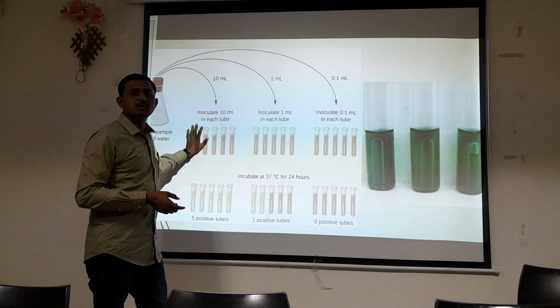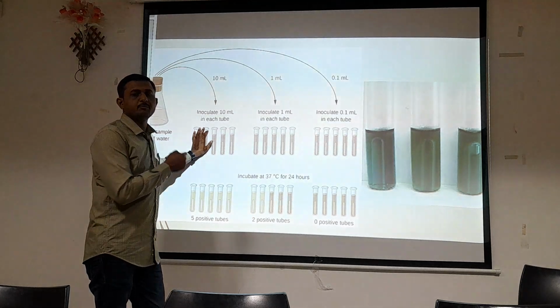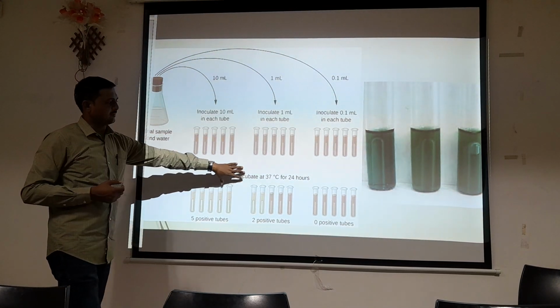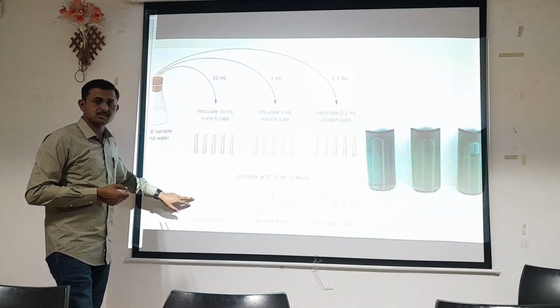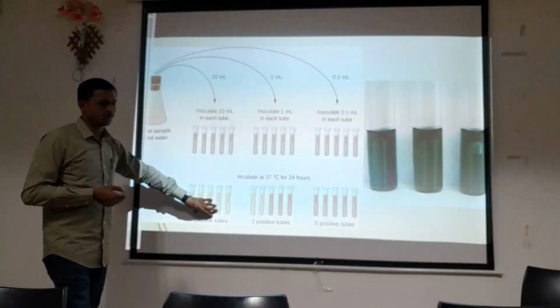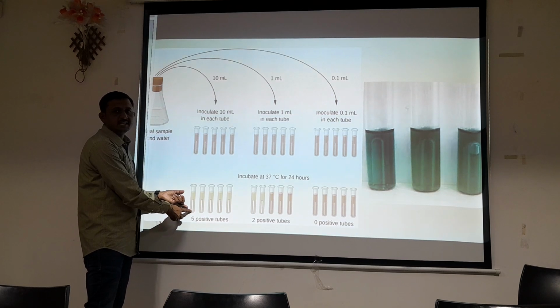Those tubes which give a positive gas formation result are considered positive for the presumptive test. Here, after 24 hours of incubation, you can observe yellow color, that is acid formation, with gas formation. That tube becomes transparent, which is considered positive for acid and gas formation.